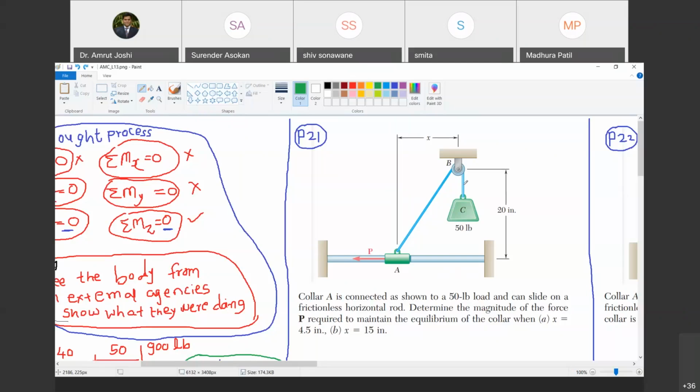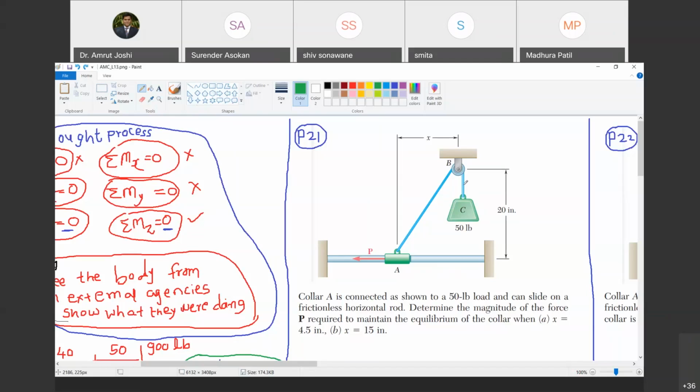Of the collar. हाँ, so isn't it very clear that you have to draw the free body diagram of the collar? Yeah. Are you with me? Yes, sir. हाँ, so जरा देखना problem में सिर्फ equilibrium के concept आपको पता है, इससे नहीं चलेगा. You have to also understand what is being asked in the problem. उसके हिसाब से उस body का free body diagram बनाना है. Are you with me? Yes.